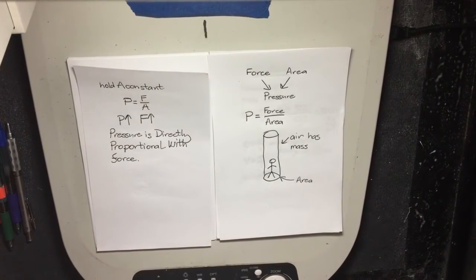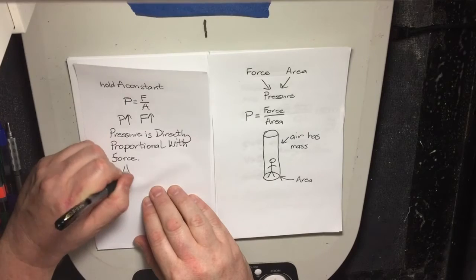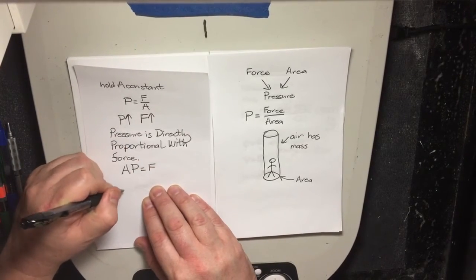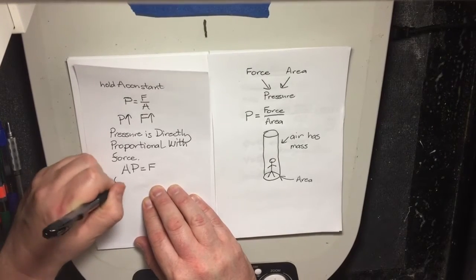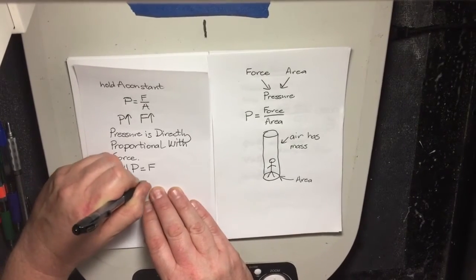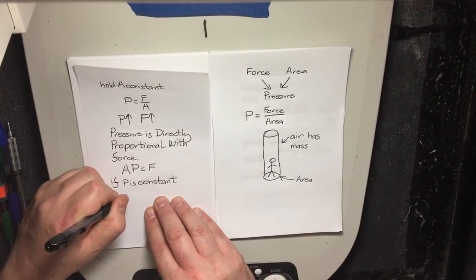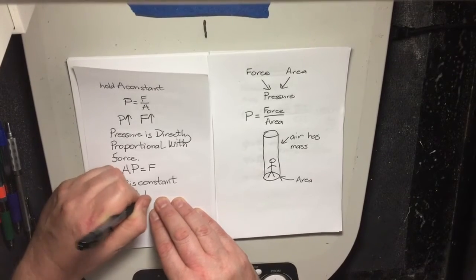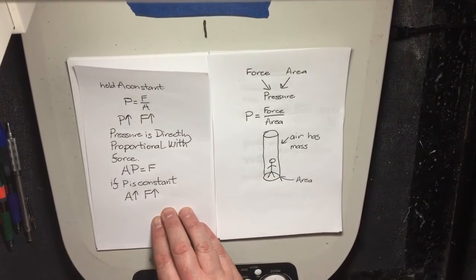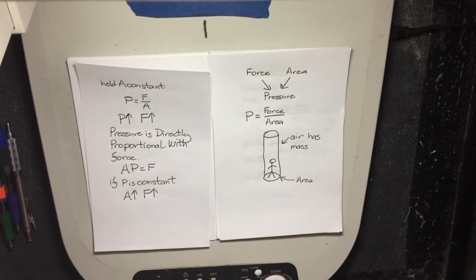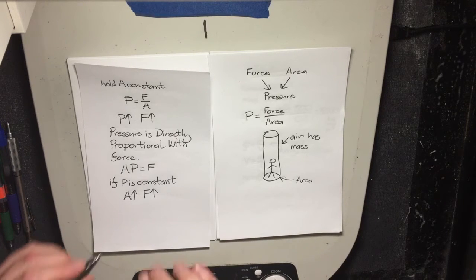If we rearrange this, we can also see that AP is equal to F, and that if P is constant, and we increase A, then force will increase. So A is directly proportional with F. Directly proportional means if you increase one, the other one will increase with it, then that's directly proportional.